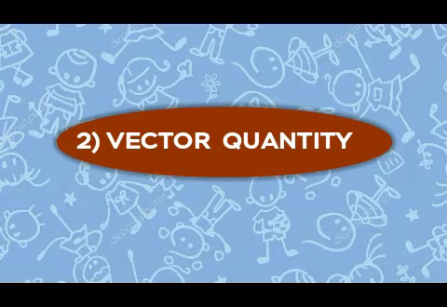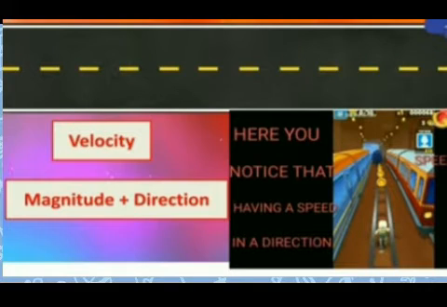So, velocity is a good example of vector quantity. If we simply define what is velocity, it is speed in a direction. Velocity has both magnitude and direction. So it is a vector quantity.